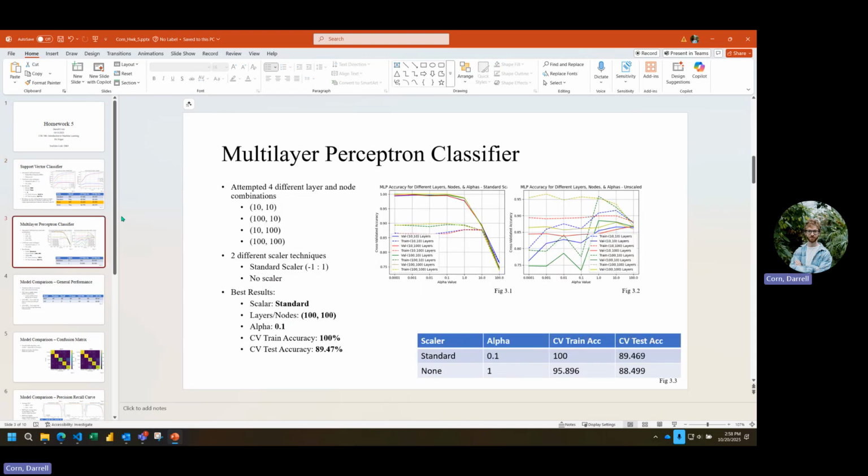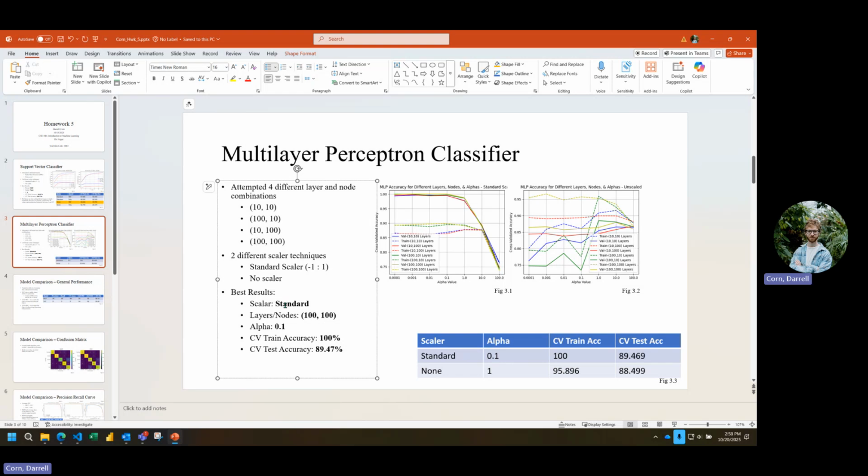Okay, on to the multi-layer perceptron classifier. For this, I attempted 4 different combinations of layers and nodes: 10 layers with 10 nodes, 100 layers with 10 nodes, 10 layers with 100 nodes, and 100 layers with 100 nodes. And of course, 2 different scaling techniques.